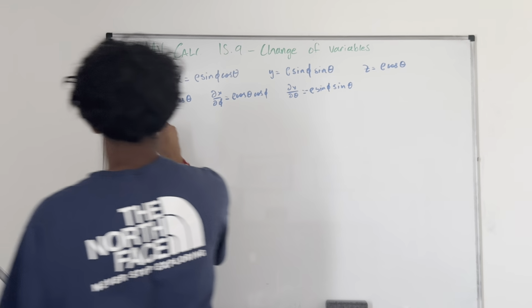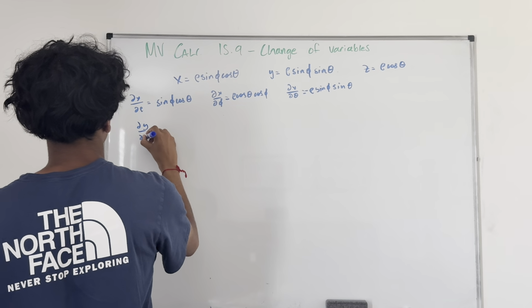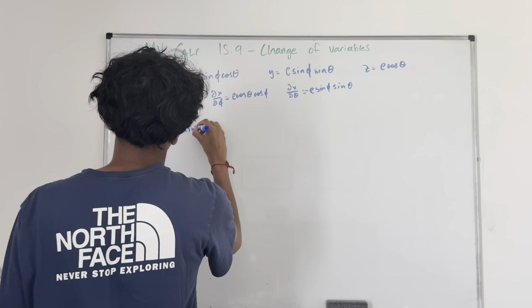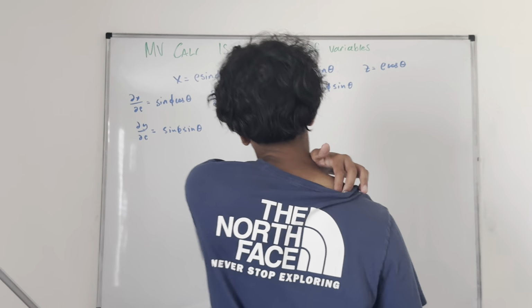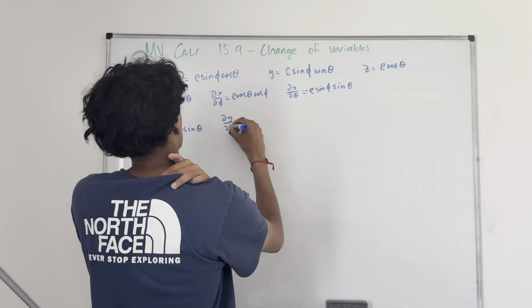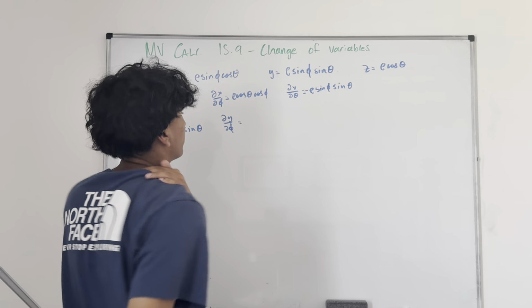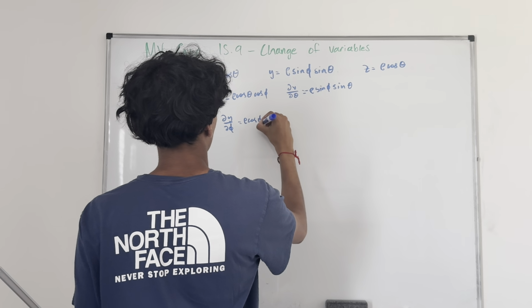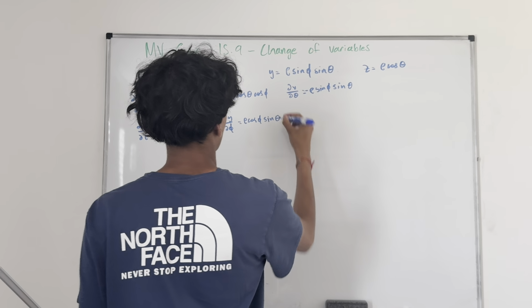Okay, partial y, partial rho is going to equal sine phi sine theta. And then partial y, partial phi, or phi, whatever, is going to equal rho cosine phi sine theta.